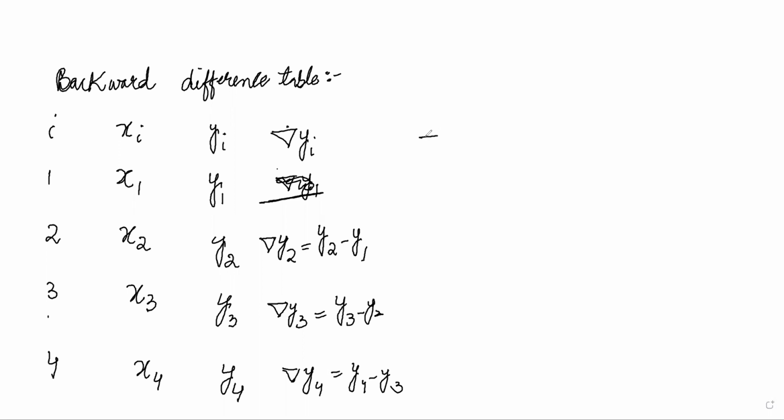Now take the second backward difference, that is delta 2 yi. You don't give any entry to the first or the second, go to the third. It will be written as delta 2 y3, because this is your third entry.